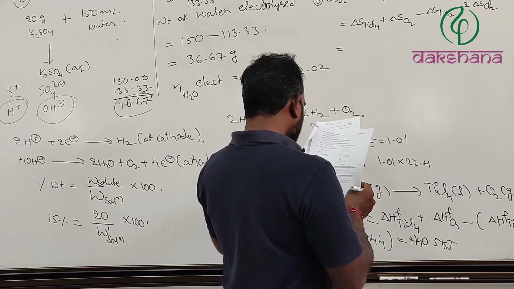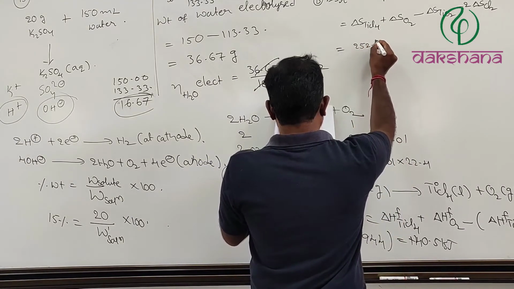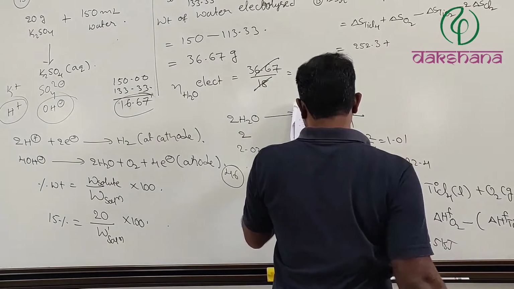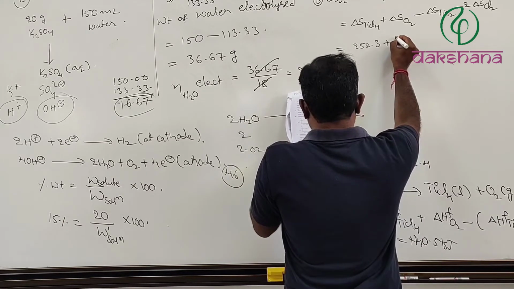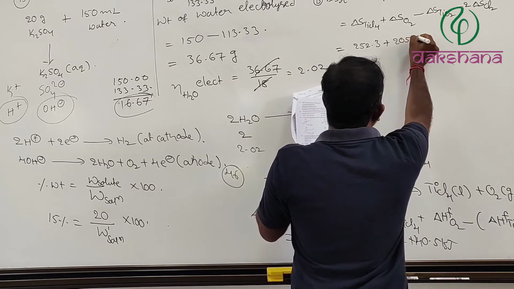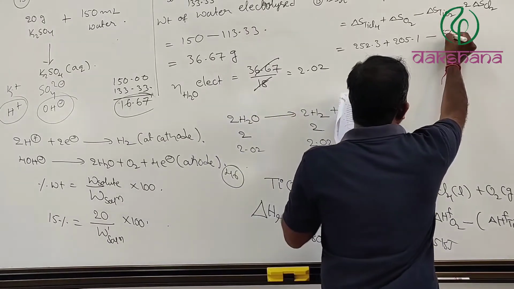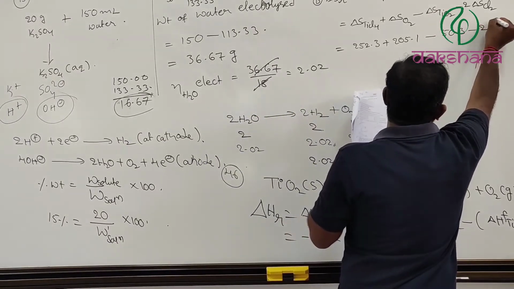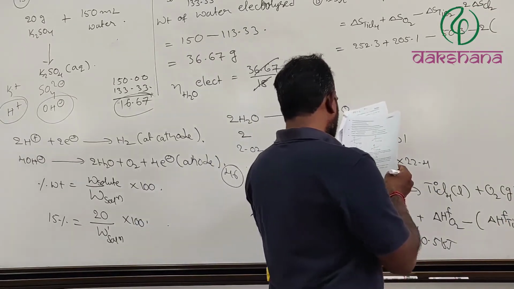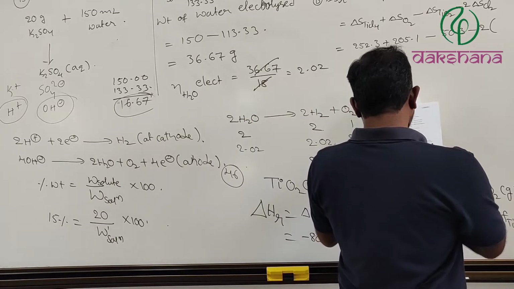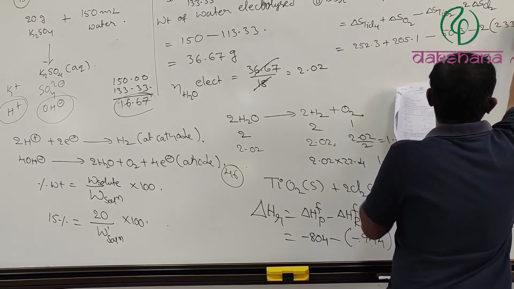That is equal to delta S of TiCl4, which is given as 252.3, plus delta S of O2, that is 205.1, minus delta S of TiO2, 50.3, minus 2 into delta S of Cl2, which is given as 233.0.